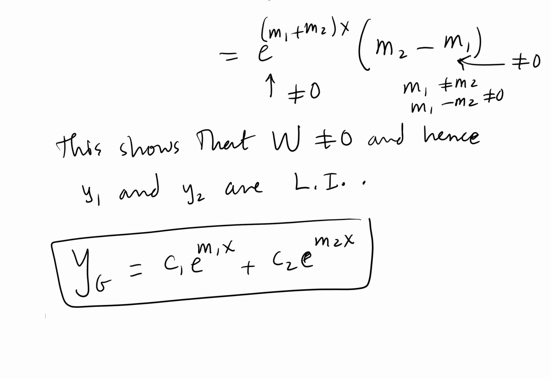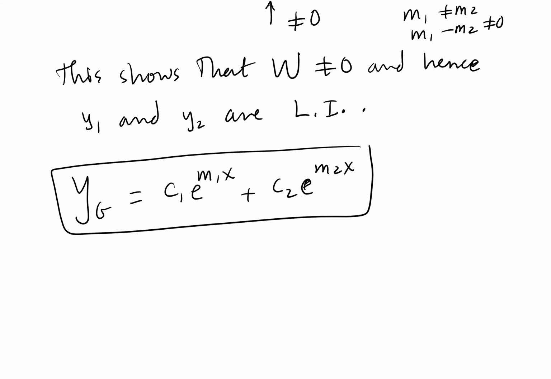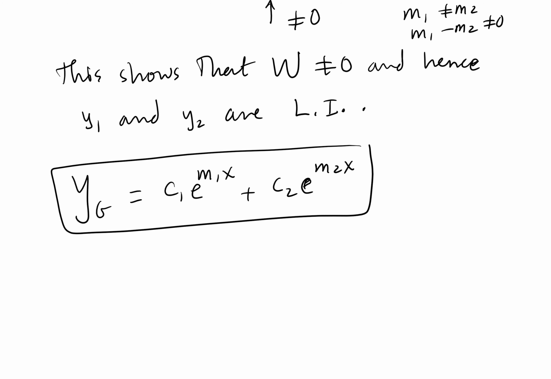Okay, we're going to look at the next case. We looked at the case when m1 and m2 are distinct, where it has two real distinct roots. Now, one repeated root. And this means m1 and m2 are the same.